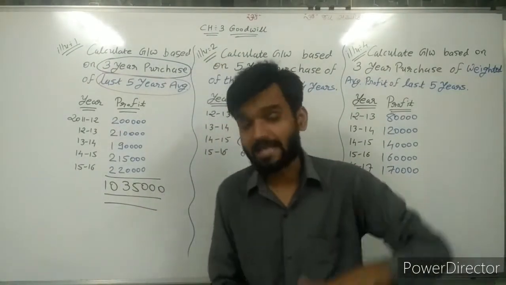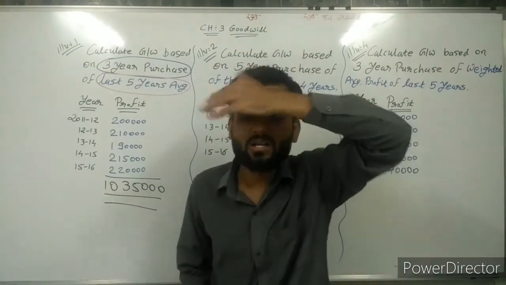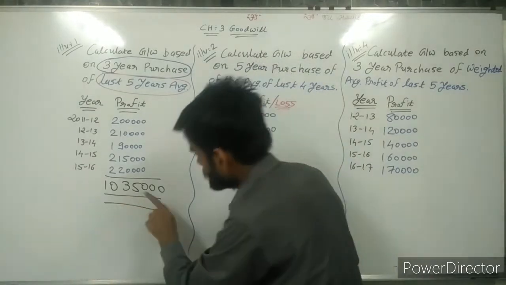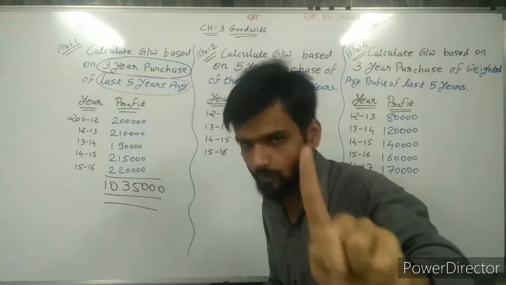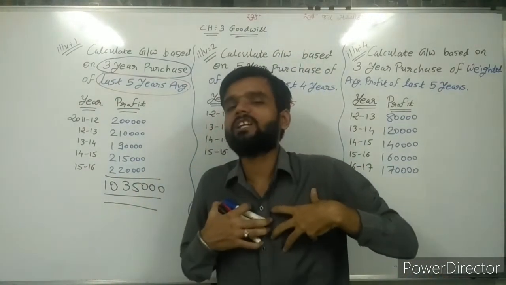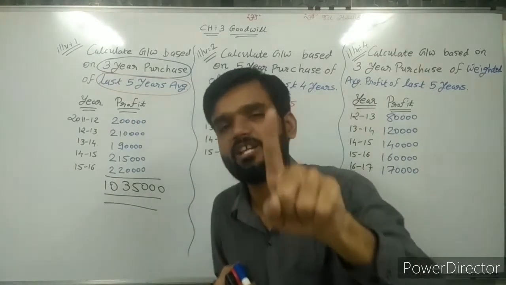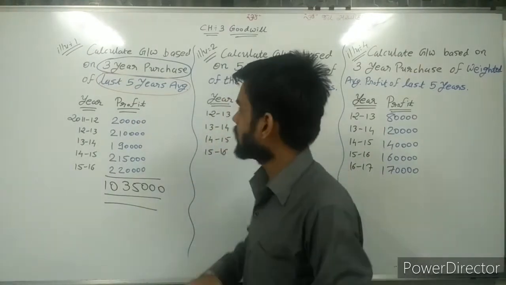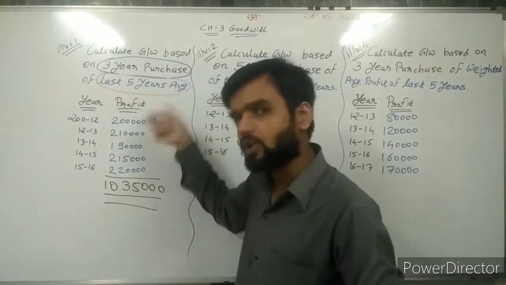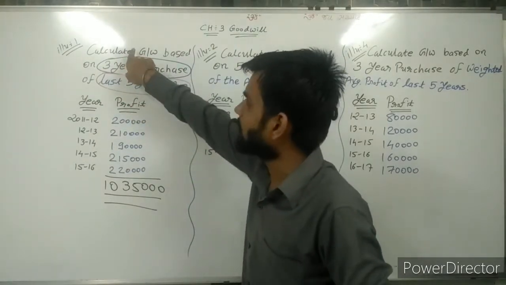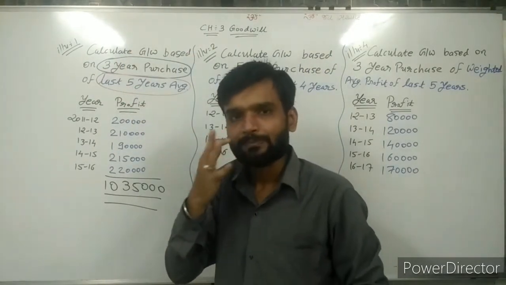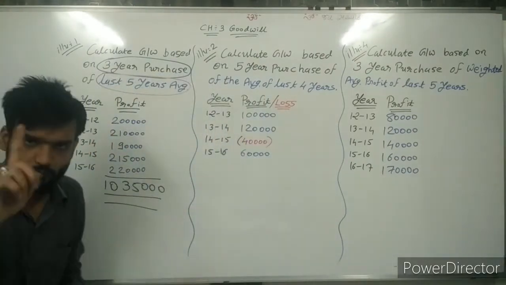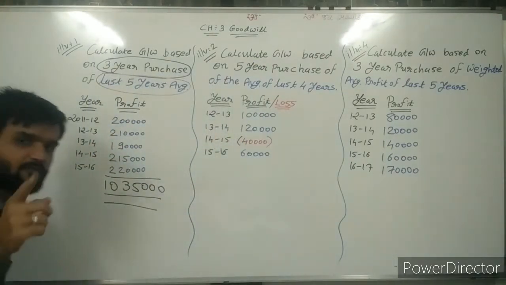Now, next thing. Sir, we don't need the 10,35,000 total profit. Actually, what we need is the average profit first, because on the basis of the last 5-year average, we need to find goodwill.